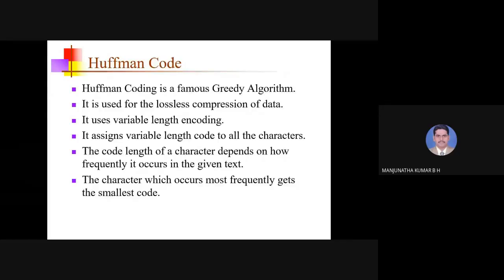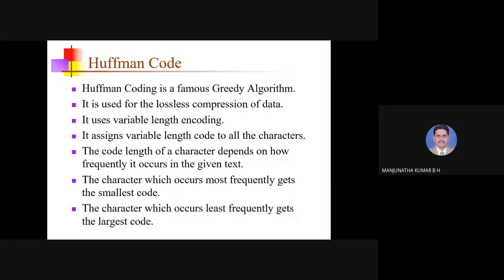If a character occurs most of the time, if its frequency is maximum, then that character is encoded with the smallest code. If a character occurs least frequently, meaning fewer times in the given data, then that character gets the largest code. So this is the idea behind assigning a variable length code to the characters.